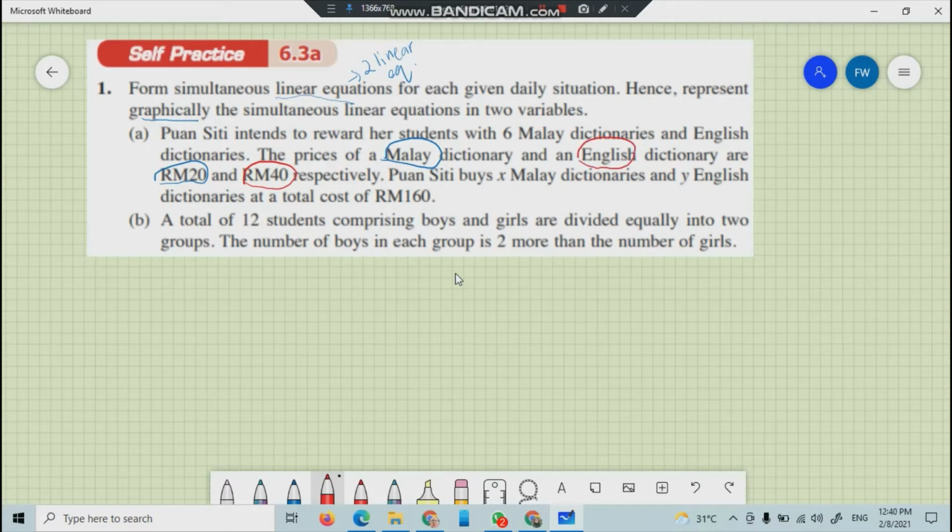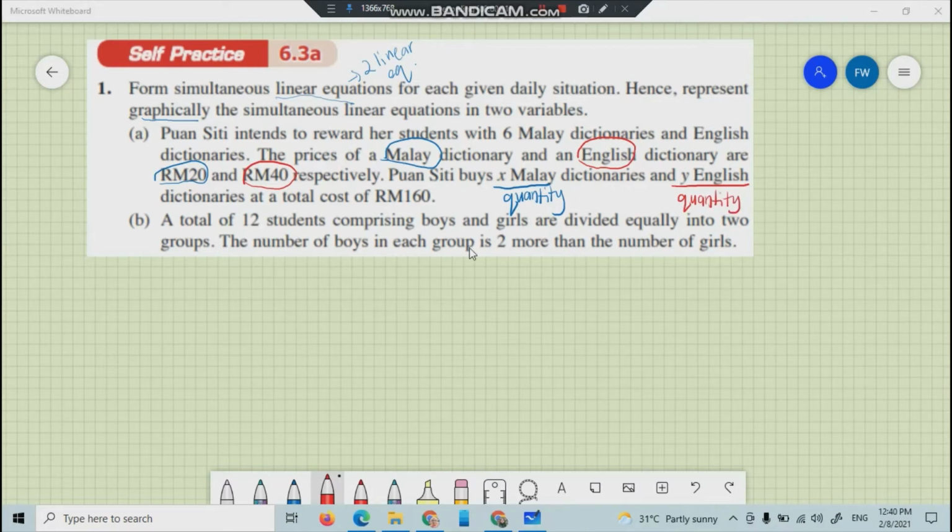So Yi Ching buys x Malay dictionaries and y English dictionaries. These are the quantities.